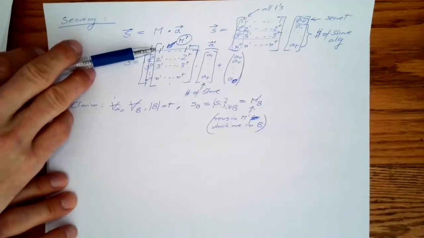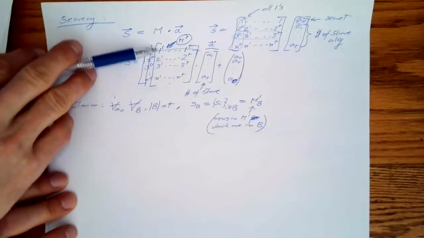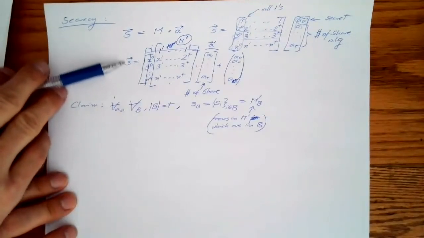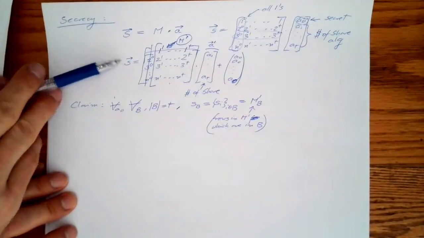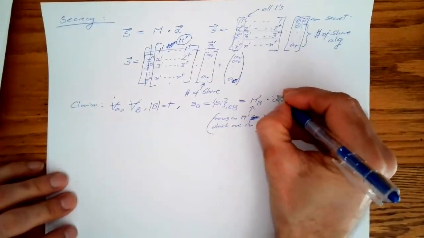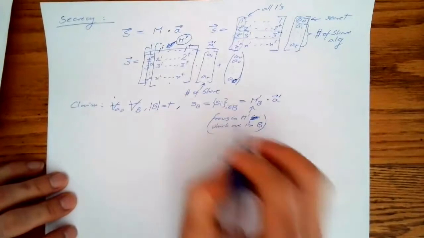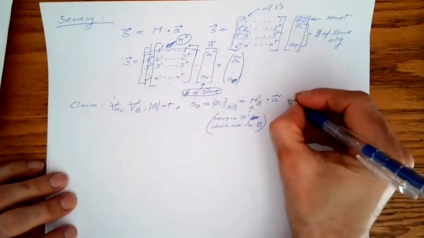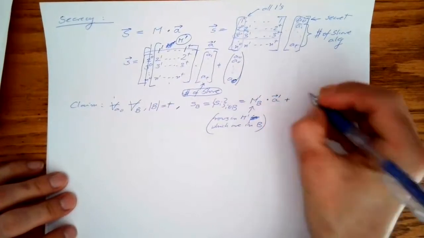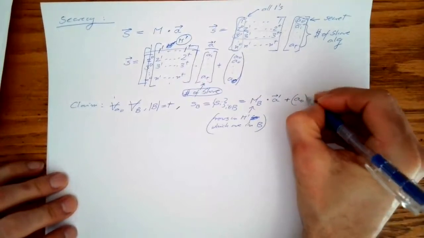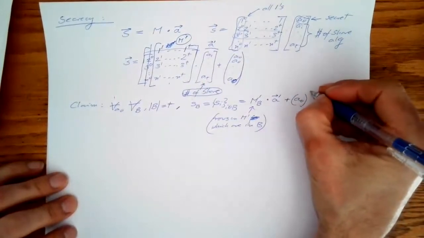So what's M prime B? It's the first T rows of M prime, which just computes the first T shares in the S vector. So this is this matrix multiplied by this vector of coefficients, plus this A0 vector, which is just A0 multiplied T times.